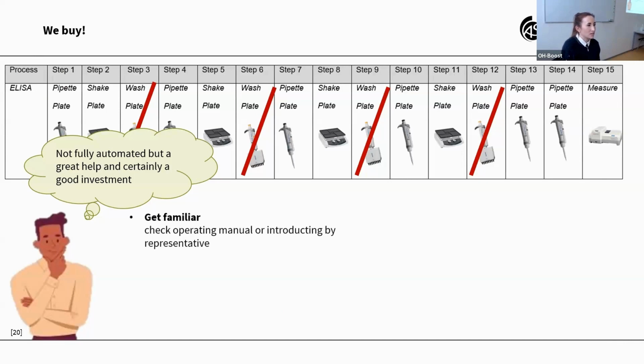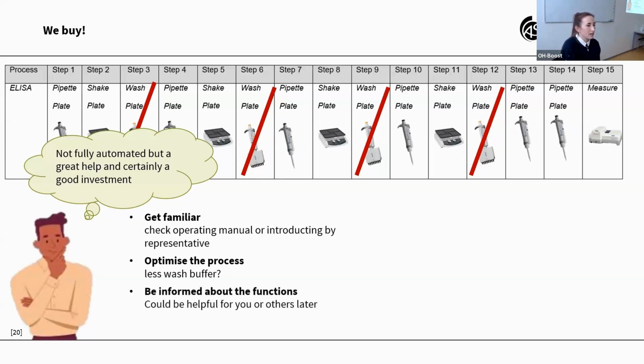So the follow-up steps are to get familiar with the tool, checking the operation manual and getting the introduction by the representative. Can he optimize his process? Maybe he needs less washing buffer if he has the automated system. Be informed about the function of your device.